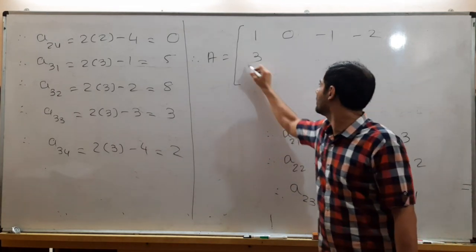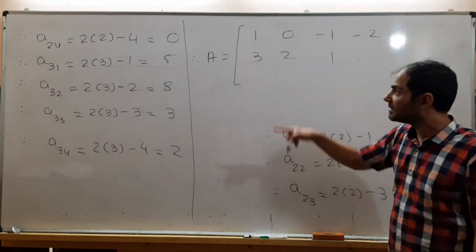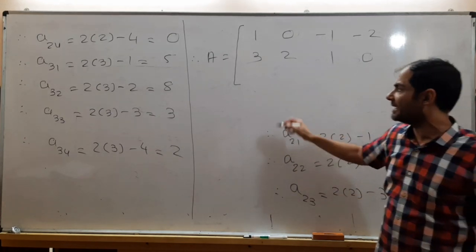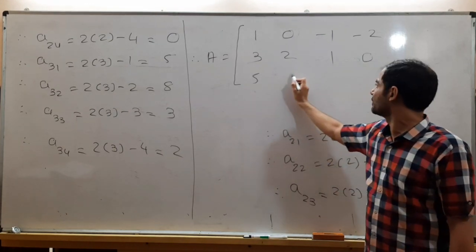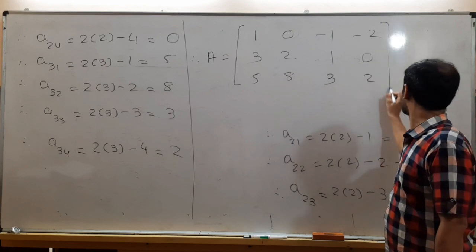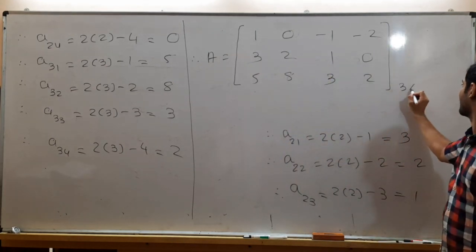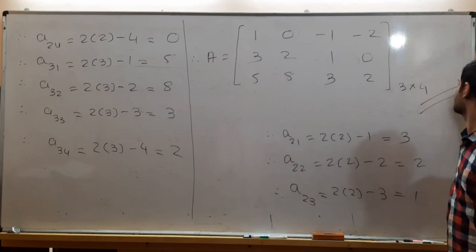A21 is 3, A22 is 2, A23 is 1, A24 is 0. A31 is 5, A32 is 8, A33 is 3, and A34 is 2. So this is the required 3 cross 4 matrix, the answer. This is the required matrix.